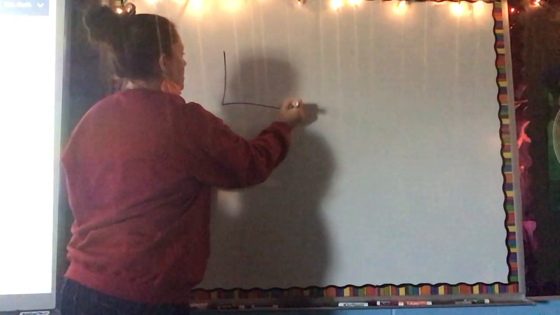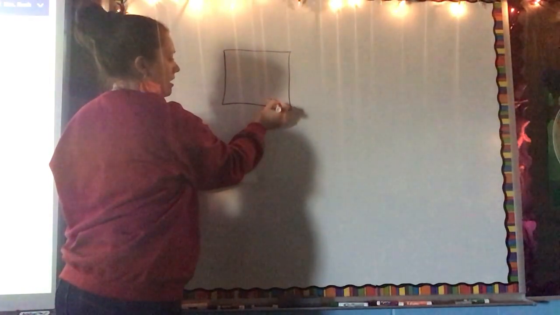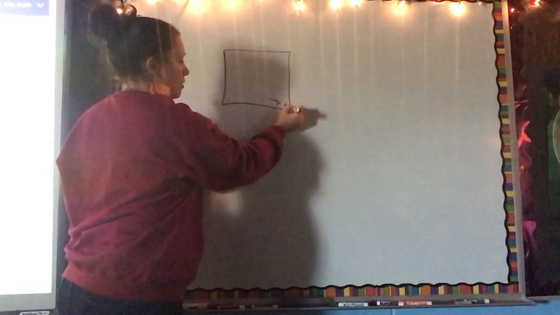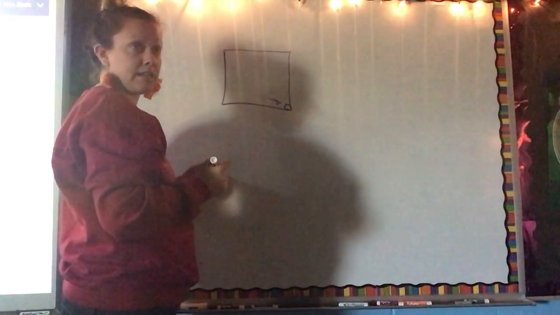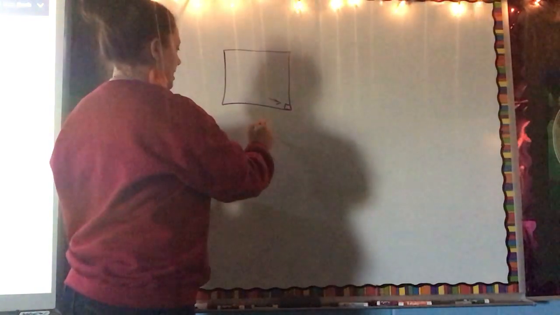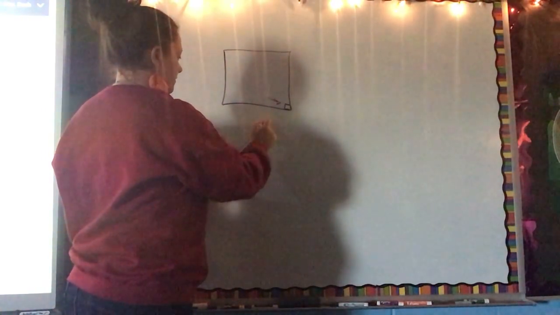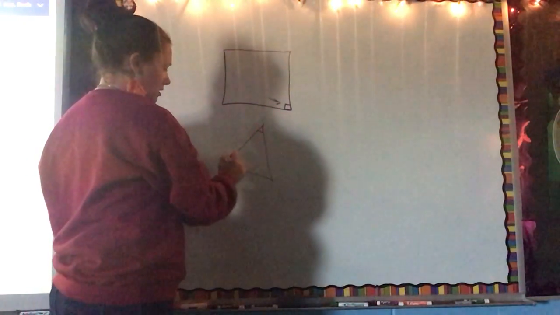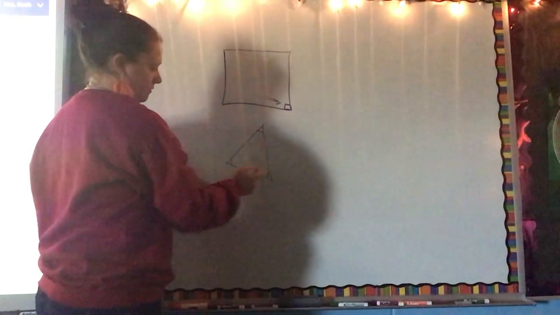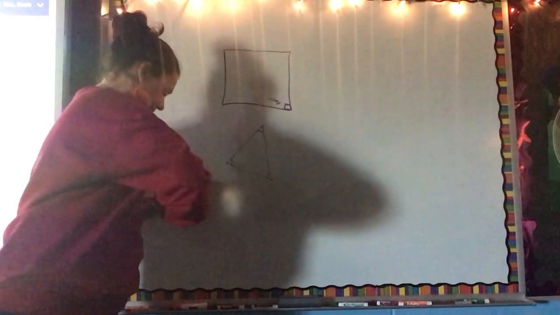So for this shape, if I look at this angle right here, could I make a perfect square? That would be a right angle. They even usually make that little square box to tell you it's a right angle. Does this shape have any right angles? No, no right angles. All right, good.